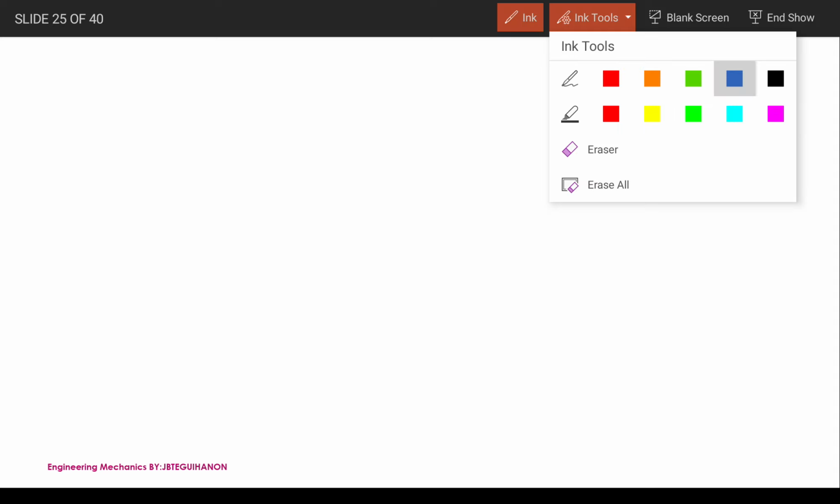Figure pa rin to. So, I'll change the color. Okay, so meron tayong ano naman, no? Z and Y. So, ito yung Y mo, ito yung Z mo. Okay, this is Z, this is your Y. What you got there is yung ganyang figure, straight line to.